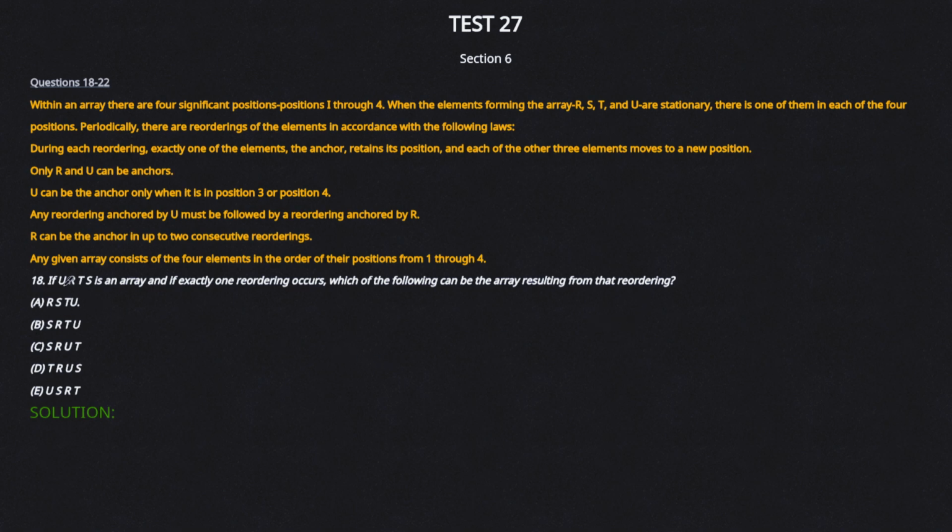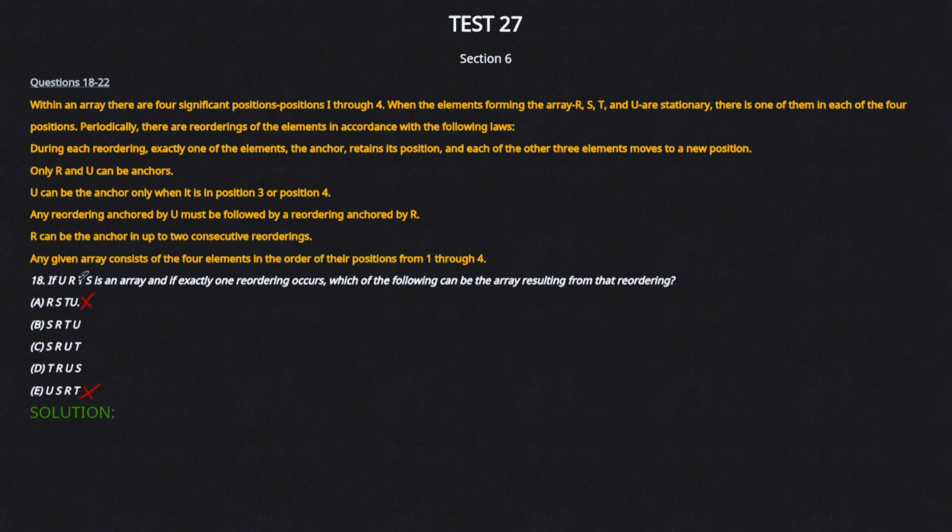Okay, we know here R has to be the anchor because U is not in position 3 or 4, so R will be the anchor. So R will not change its position. So from that logic, we can already cross out A and E. So we're left with B, C, and D. Now, we also know that the other element, other than the anchor, will change its position.